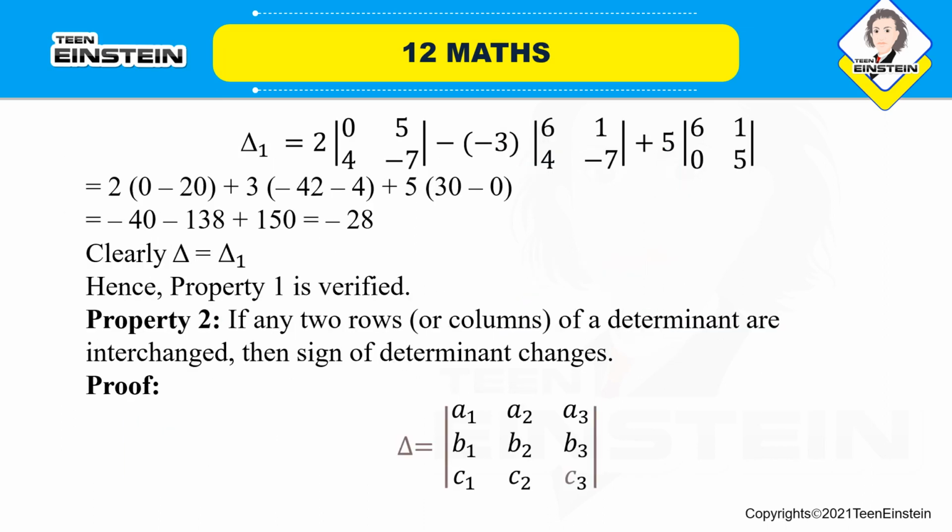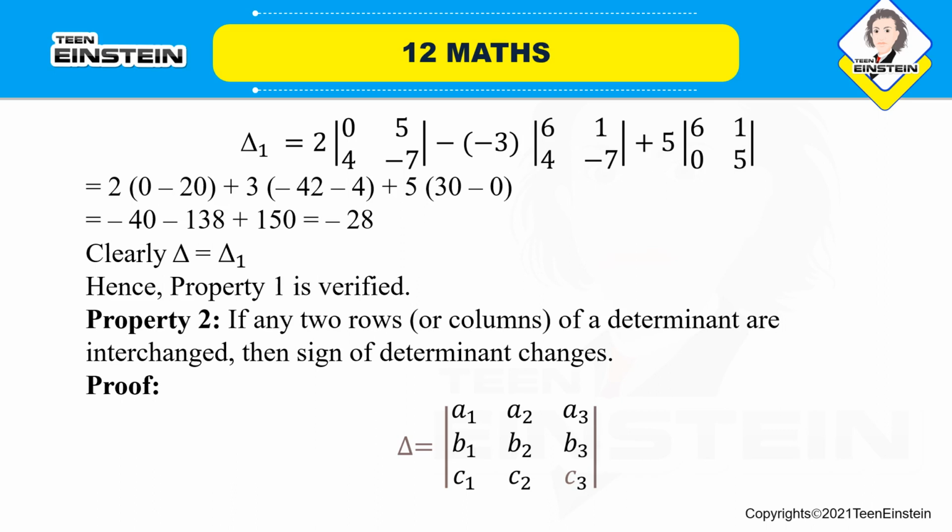Okay. Next we are going to find the value of delta 1. So what is delta 1? You expand along the first column, as in the property. So you'll be getting 2 determinant 0, 5, 4, minus 7, and this is minus of minus 3 determinant 6, 1, 4, minus 7, plus 5 into determinant 6, 1, 0, 5.